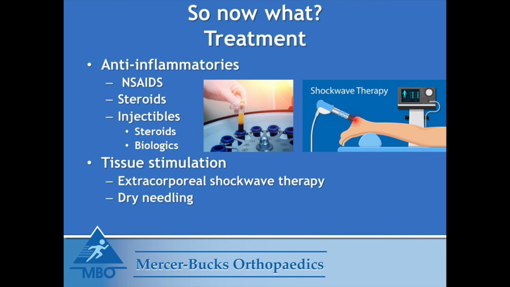There are also biologics. I just included this more for completion's sake, but again, I'm happy to discuss any of this after this lecture here. But biologics are things such as platelet-rich plasma, which is demonstrated right here. There's also amniotic injections, and really what those are doing is providing growth factors. They're providing anti-inflammatory factors.